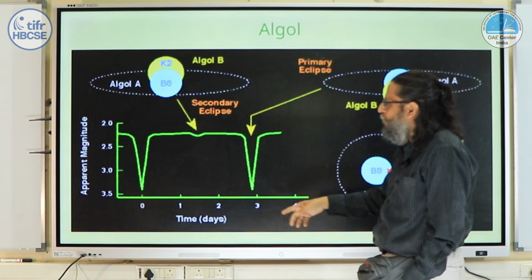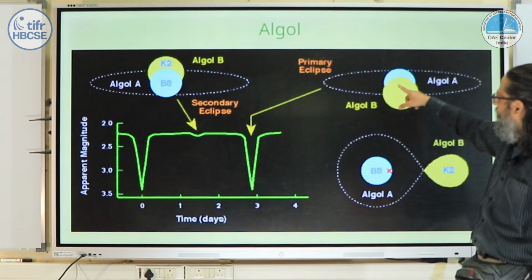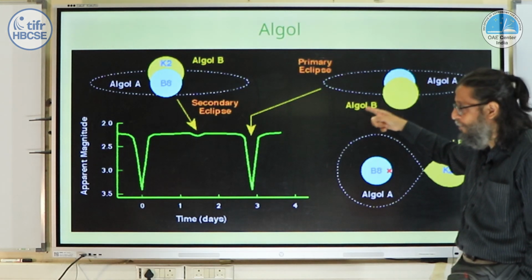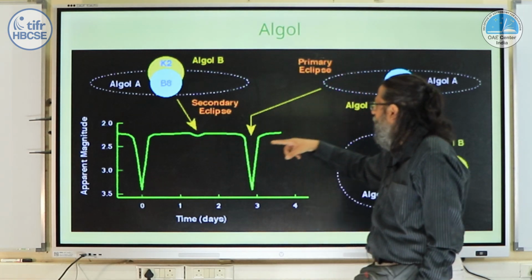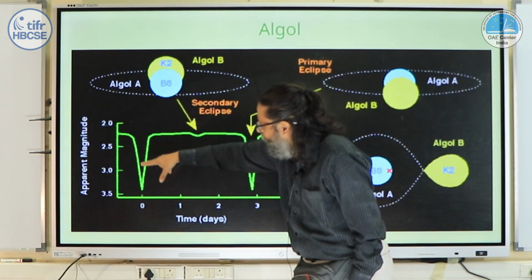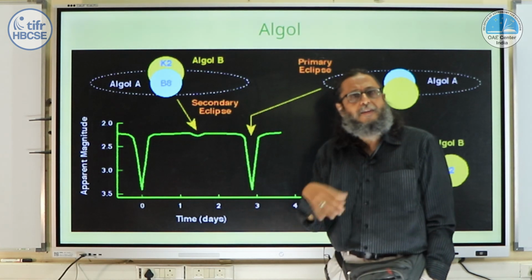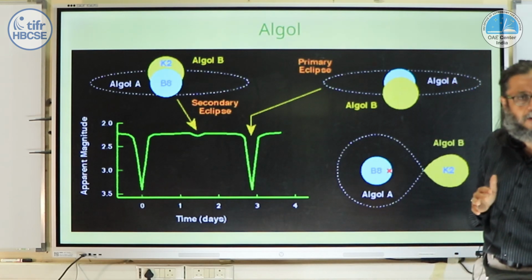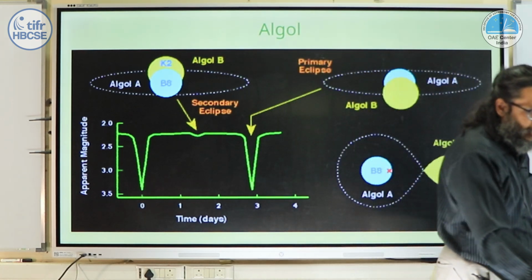We do not expect this kind of an obscuration happening where the second contact is happening after the third contact, and hence you get something like this. The relative amount of light that got blocked here and here does not fit your picture of the standard stellar model. So the question is, what is happening?